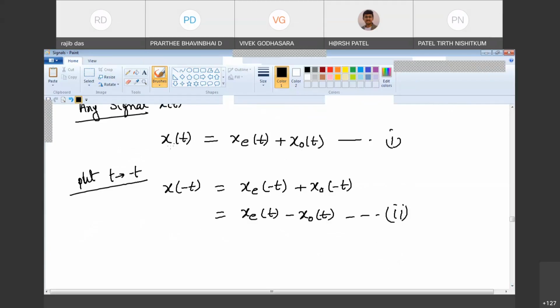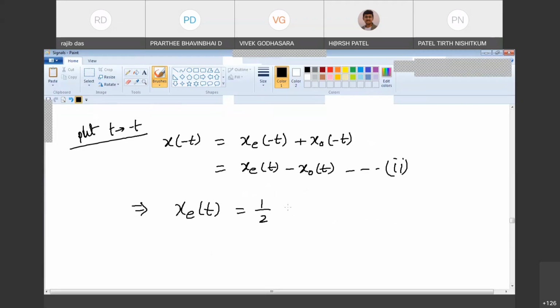The left side will be the addition of these two, and the right side will be twice x_e(t). So x_e(t) is very simple. It is nothing but half of the addition of x(t) and x of minus t. Is it correct?